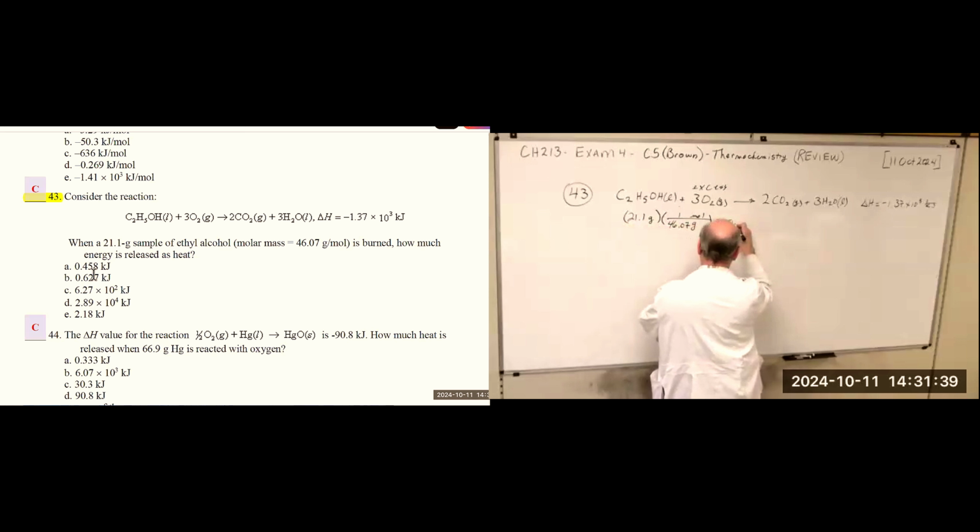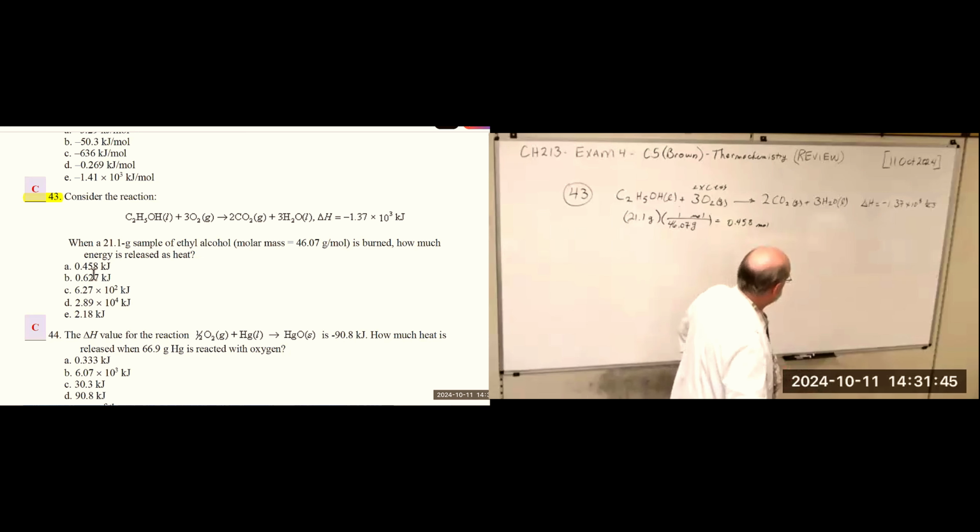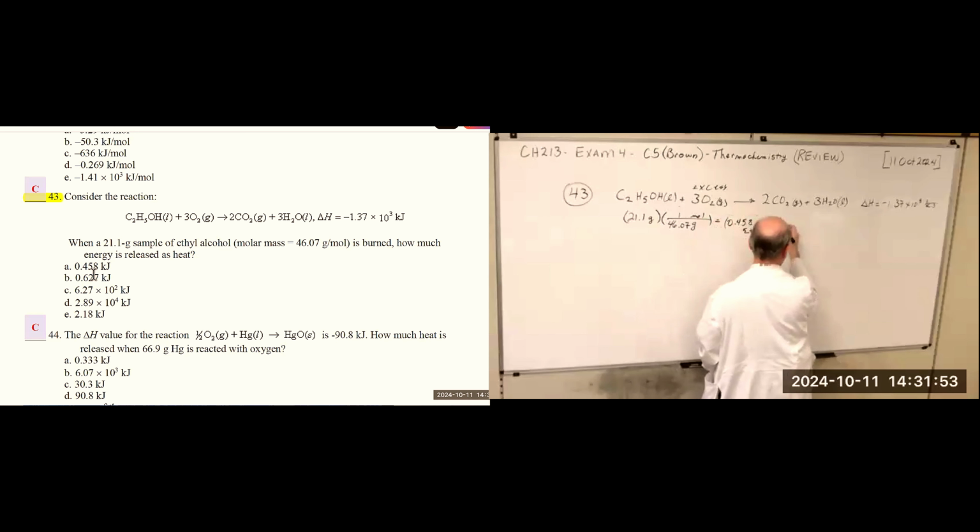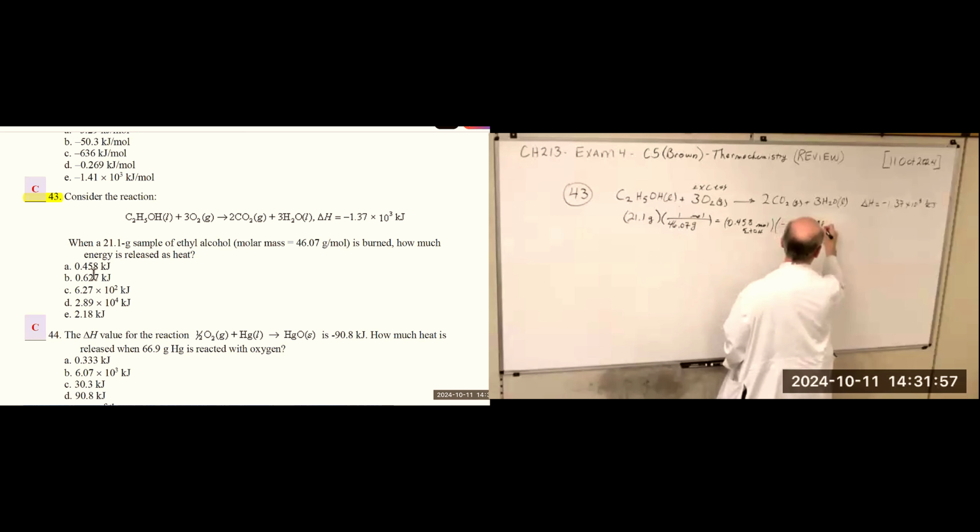And I get 0.458 moles. Now we can convert this. This is moles of ethanol. That's my abbreviation for ethanol. And this is minus 1.37 times 10 to the third kilojoules per mole of ethanol.